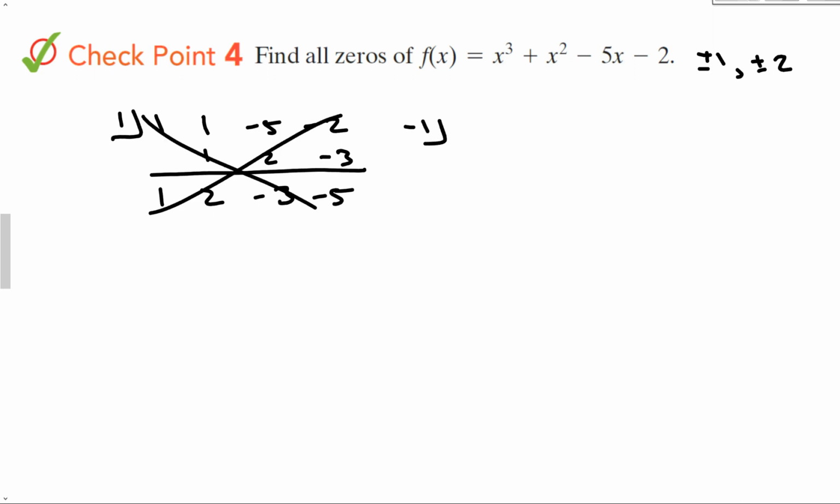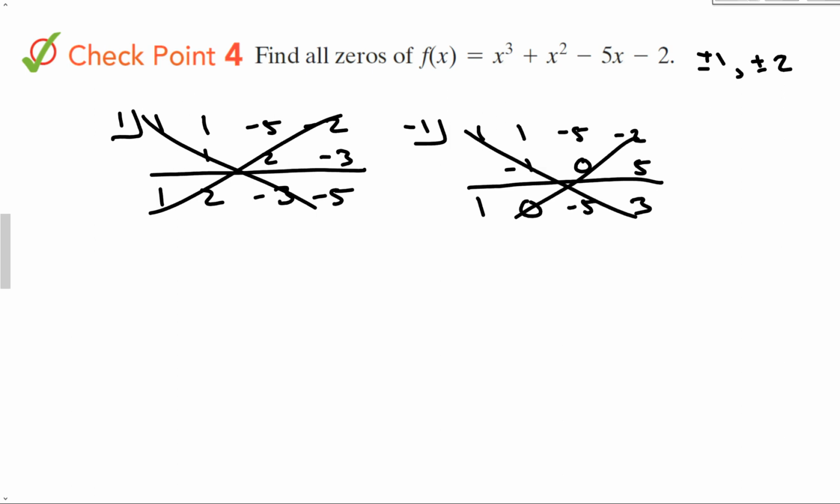Let's try negative 1. 1, 1, negative 5, negative 2. Bring down the 1, negative 1, 0, 0, minus 5, 5. That's going to be 3. No good. Let's try 2. And you just keep trying these. I know that one of these is going to work, so we just keep trying them until they do.